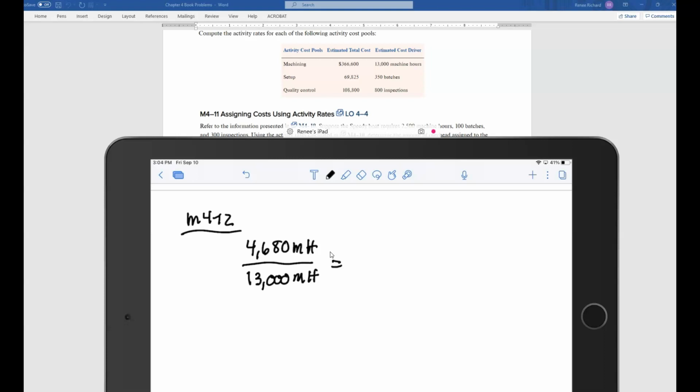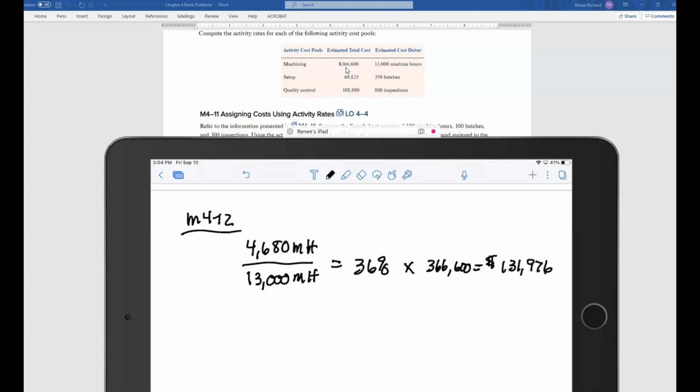that means 4,680 divided by 13,000 is 36%. So it uses 36% of the overhead. So 36% times the total overhead, 366,600, equals 131,976.